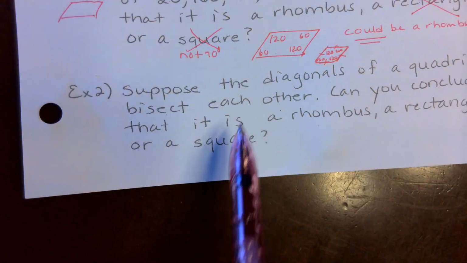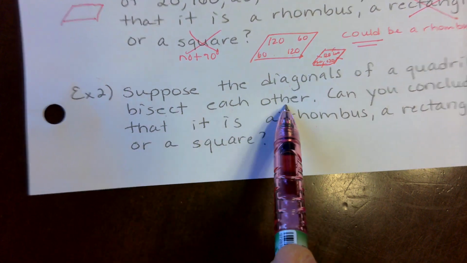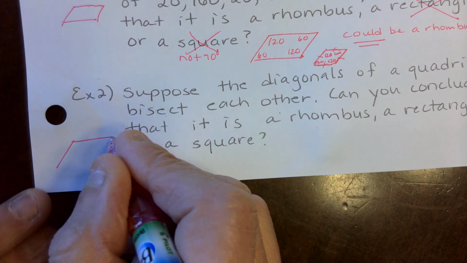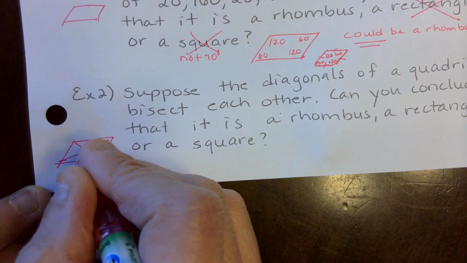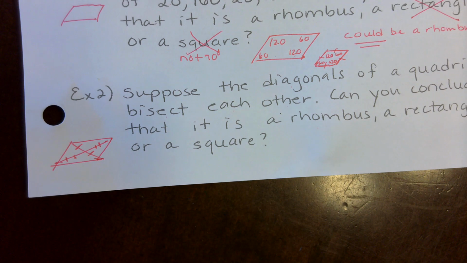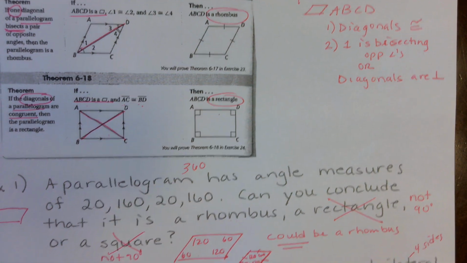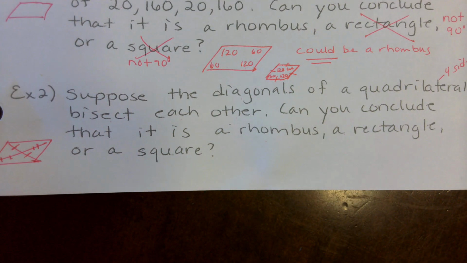That's what this says. So the diagonals bisect each other. That means this. Okay, we're not talking angles here. And it says in this one that they're congruent. That doesn't say that either.